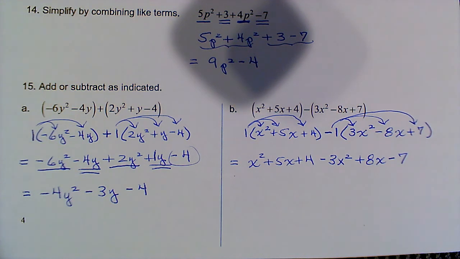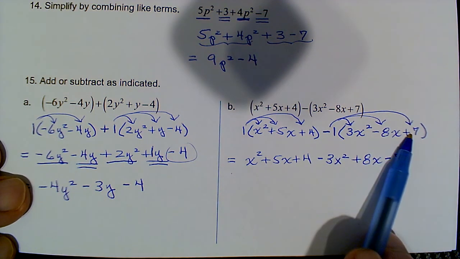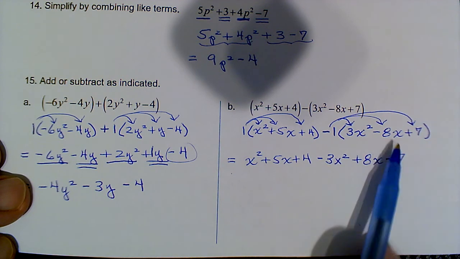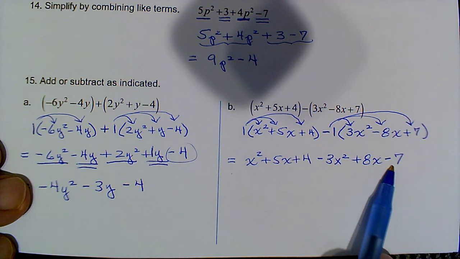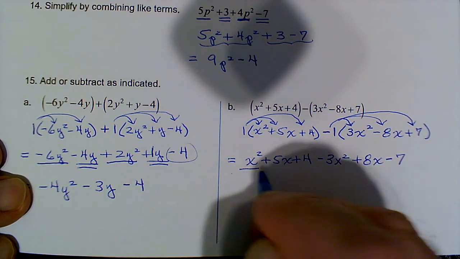And now we can combine like terms. So notice how the polynomial that we had subtracted, all of the signs changed. The 3x squared became a negative, the negative 8x became positive, and the positive 7 became negative. And now we just combine the like terms.